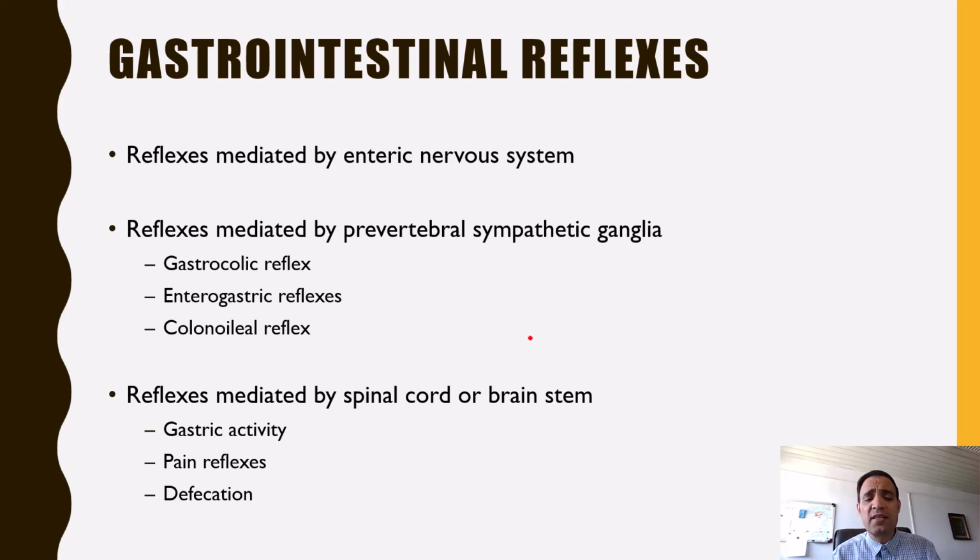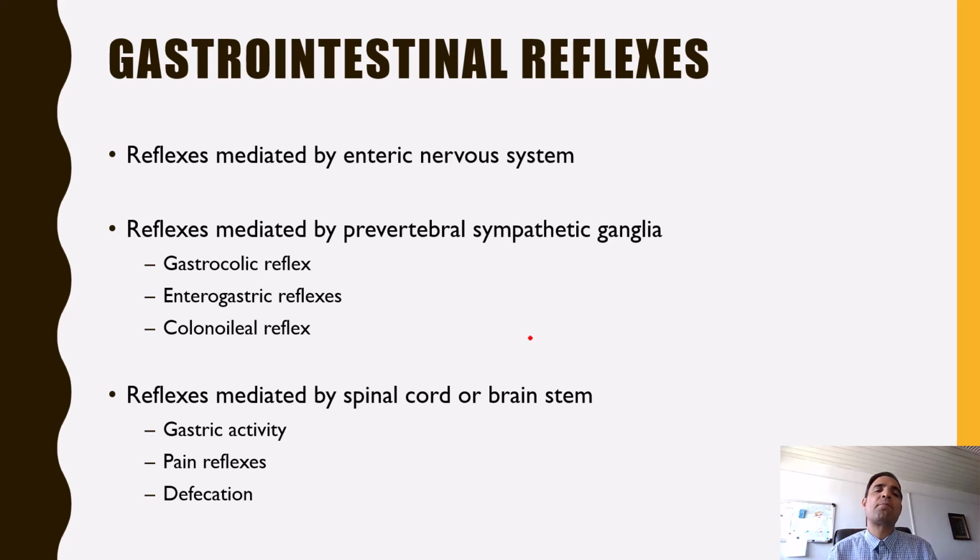There are some reflexes in which not only the autonomic nervous system but also some other areas higher than the ganglia, such as the spinal cord or brainstem, are involved. For example, you know that pain will affect the activity of the GI system.